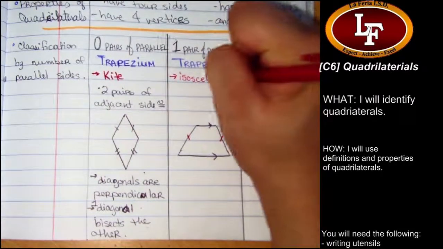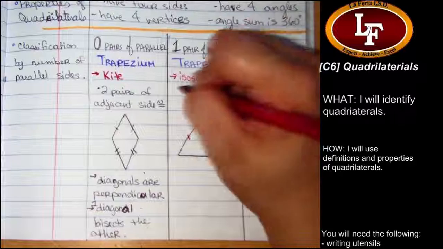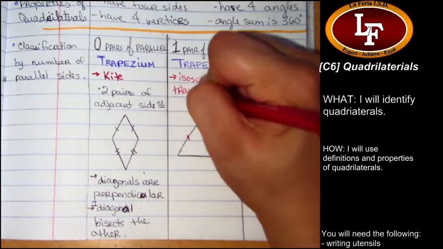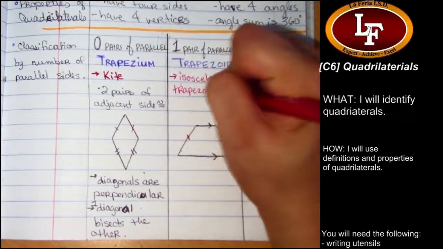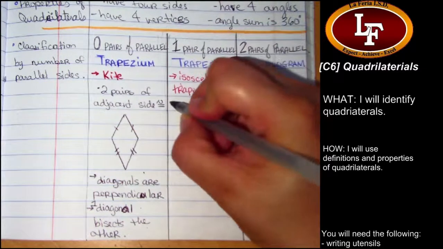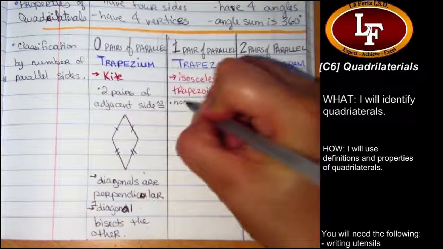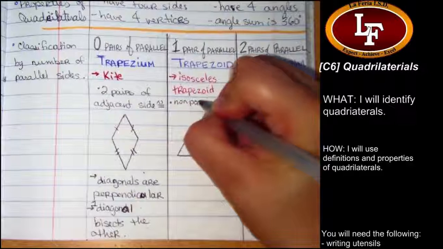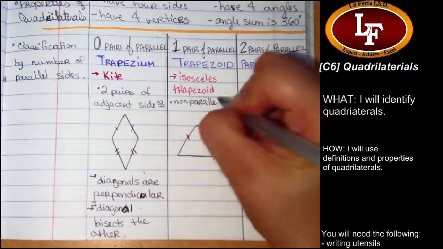These are the type of trapezoids you are most familiar with from state tests, or in kindergarten. Its special property is that those non-parallel sides are congruent.